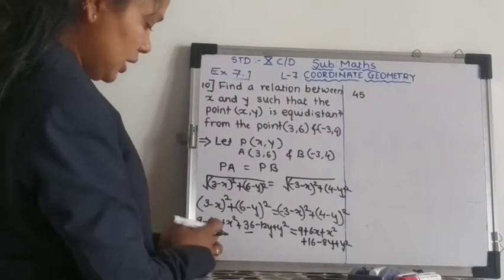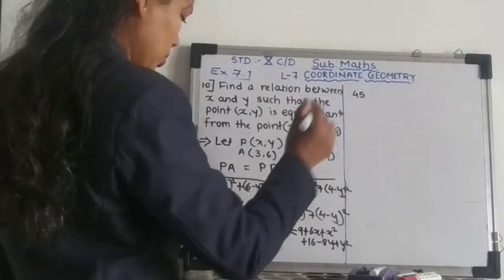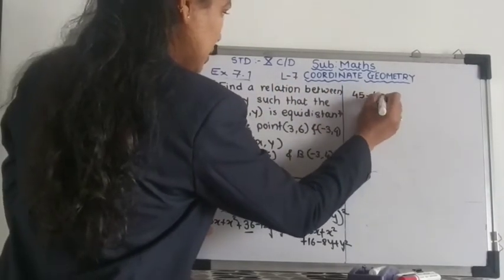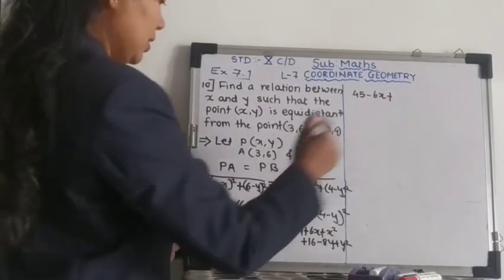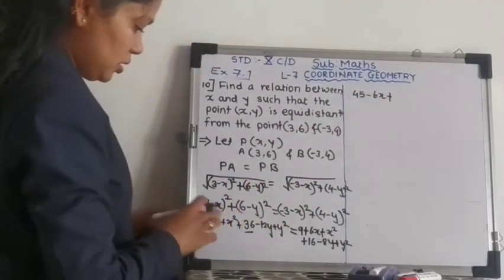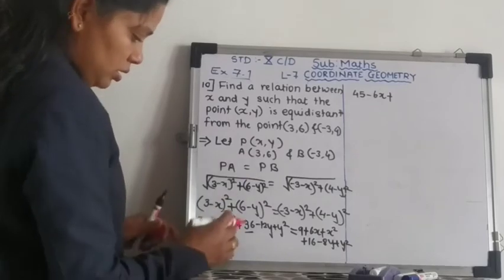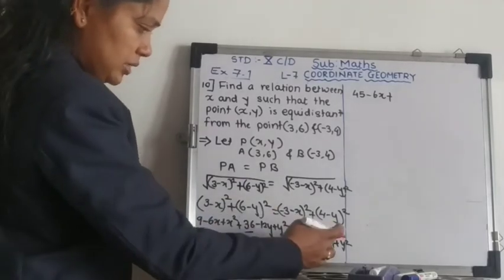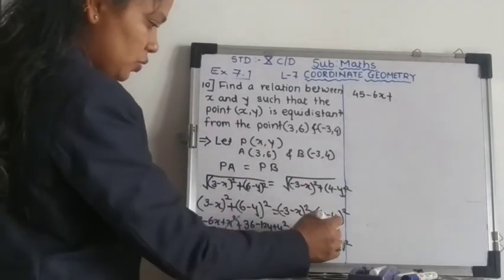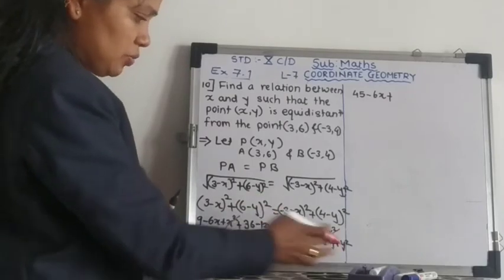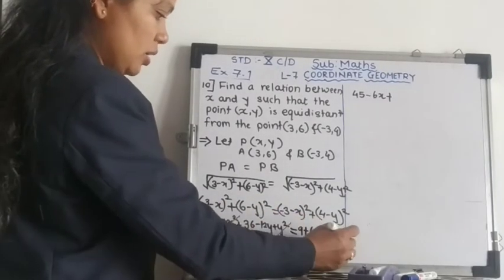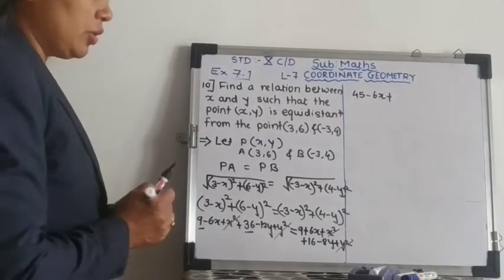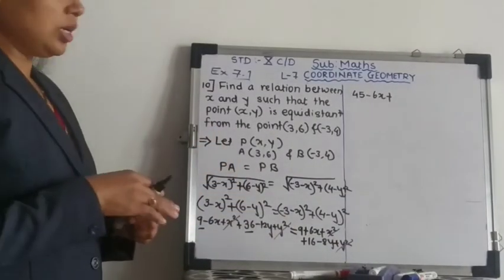Then minus 6x, do we have it here? No. So we will write here as it is, minus 6x plus x square. Now see students, x square is on the left side and also on the right side, so x square will get cancelled. Even plus y square here, also plus y square, that will also get cancelled, because while transposing it will get cancelled.